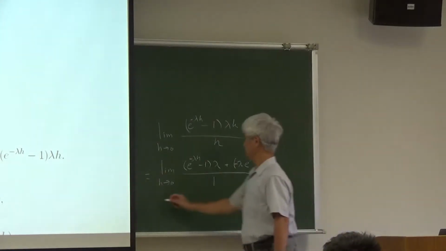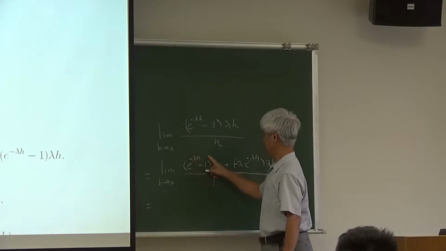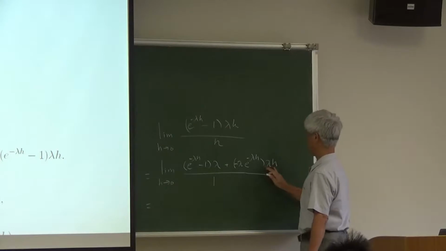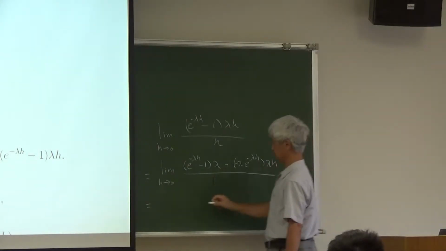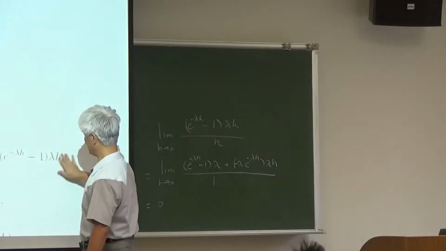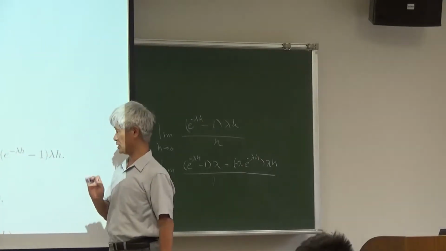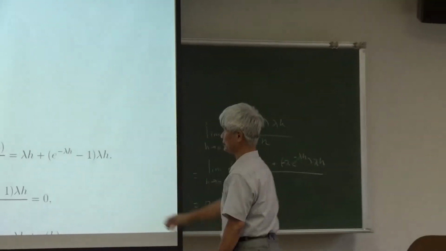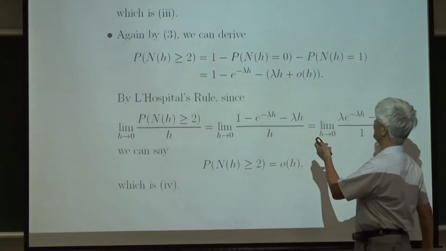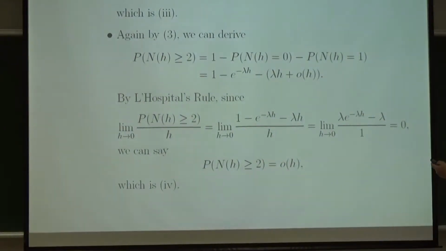Now as h goes to 0, this term goes to 0, the difference goes to 0, and over here this goes to 0 as well. So we have checked that the second term is a little o function of h. So the probability of this event is equal to lambda h plus a little o function of h.